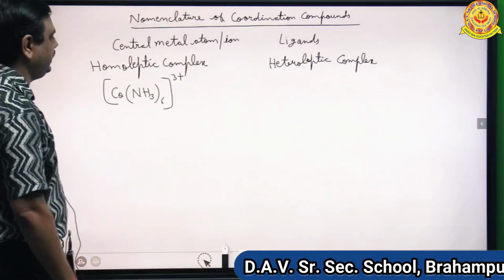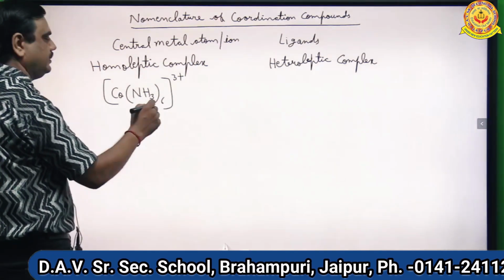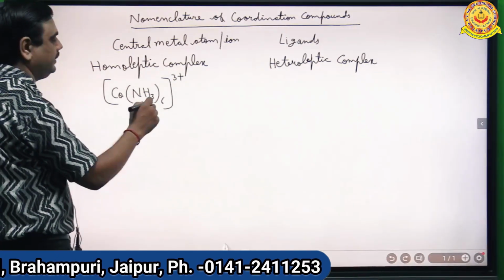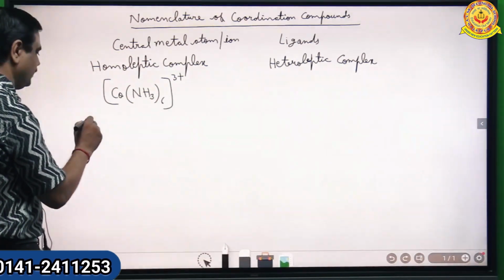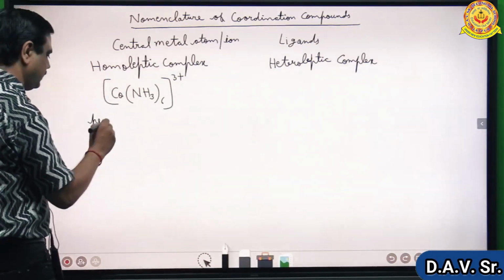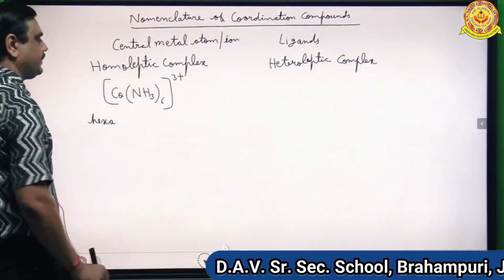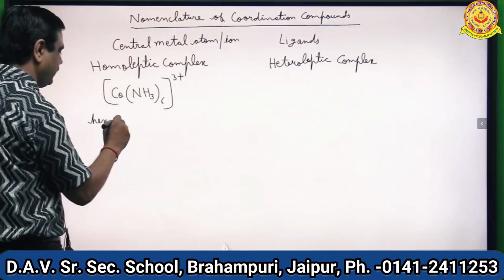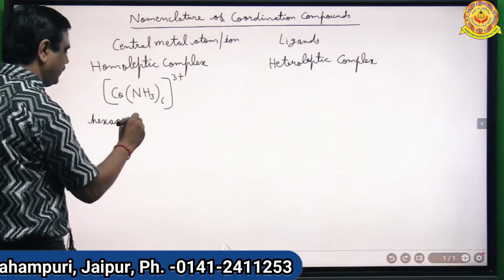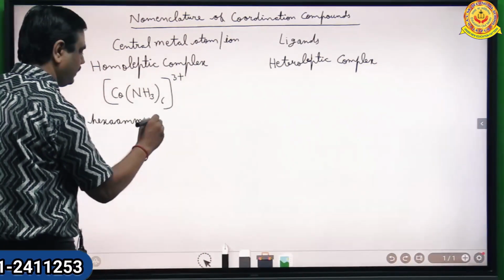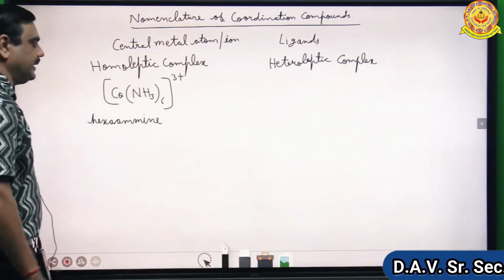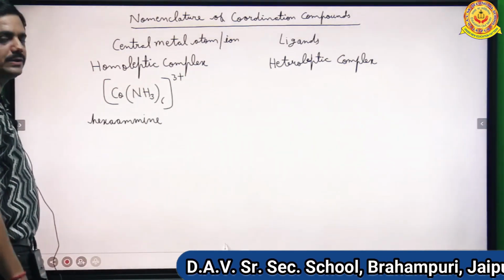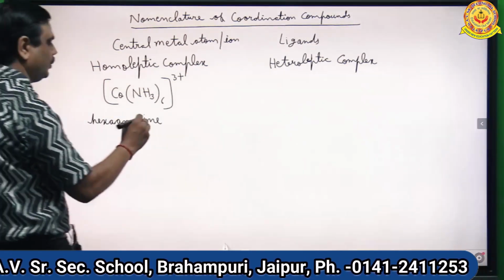NH3 is called amine and 6 molecules of amines are there. So for 6 we use hexa, then amine, then the name of central metal ion, means cobalt.